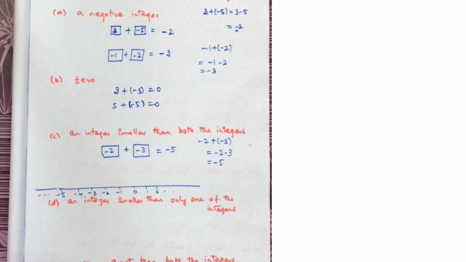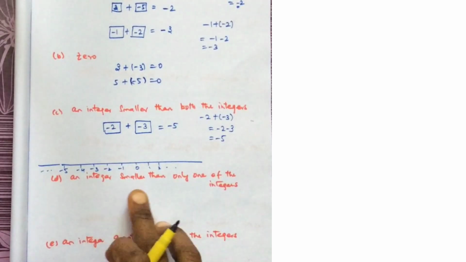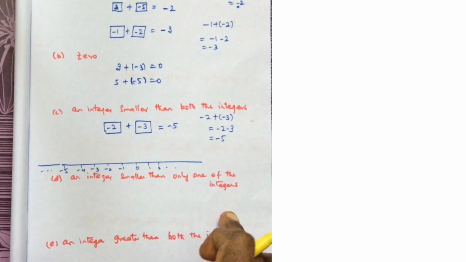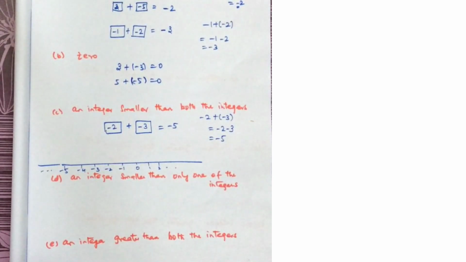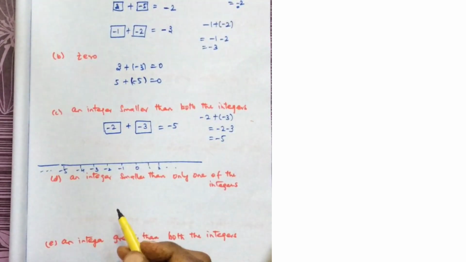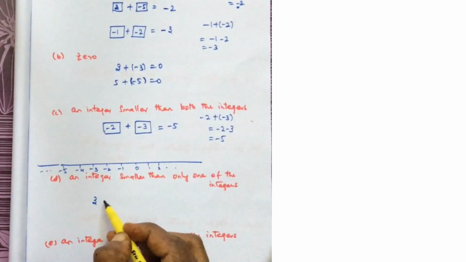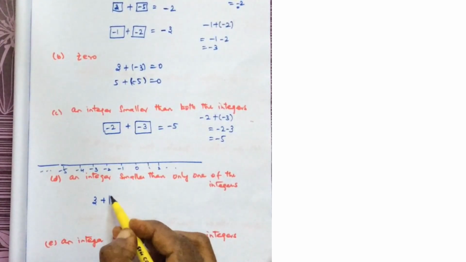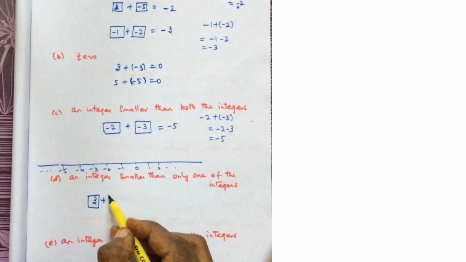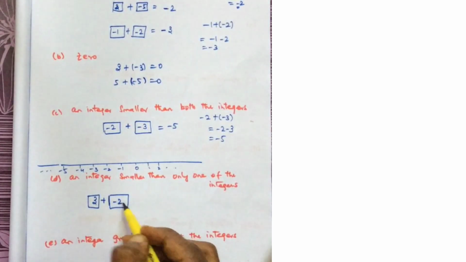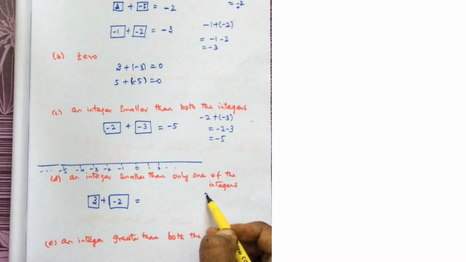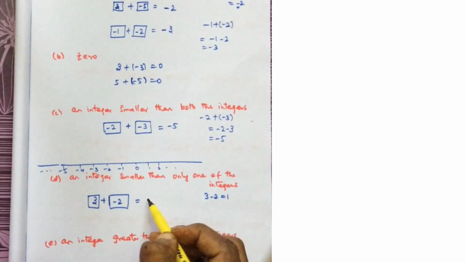So next is an integer smaller than only one of the integers. Out of the two integers, one should be smaller. So in that case, what can we try? 3 plus an integer. I am writing minus 2, that is equal to 3 minus 2, that is equal to 1.